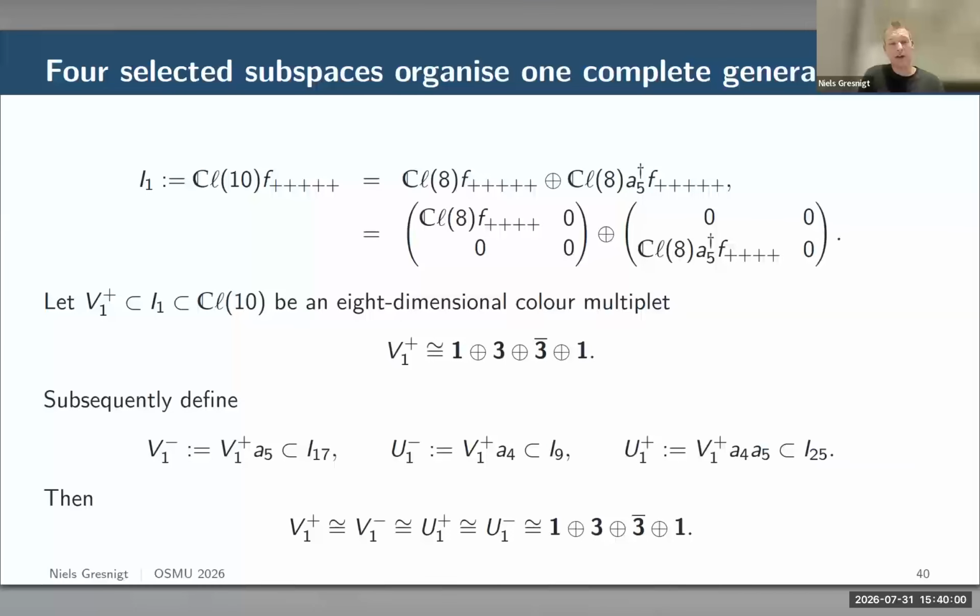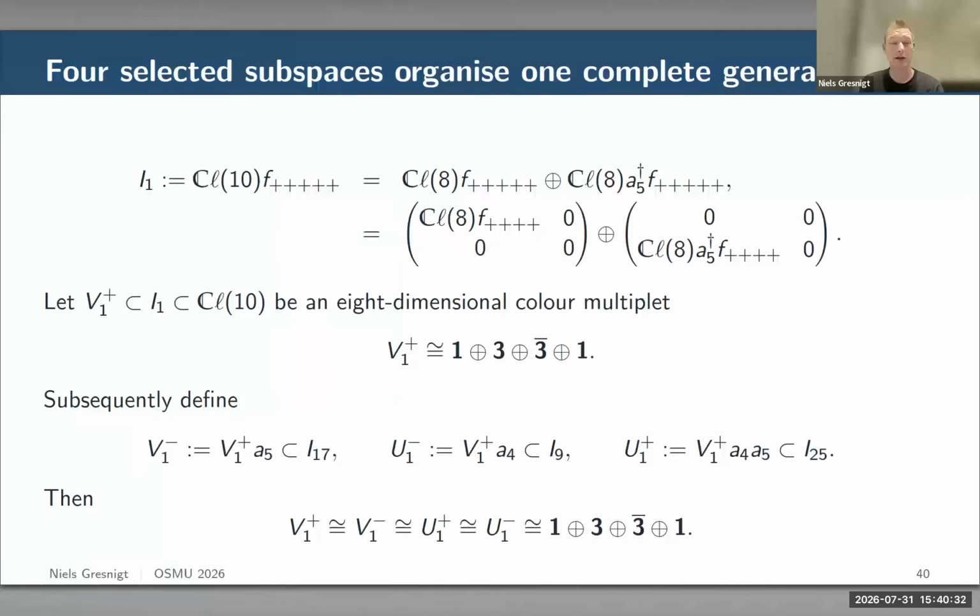So first, let's take some 8-dimensional color multiplet, and let's call it V1 plus, which is going to be some subset of the first minimal ideal in CL10. Now at the moment, I'm not choosing exactly yet what V1 plus must be, which states they are. I'm just saying that they must transform as two singlets plus a triplet and an anti-triplet under SU3.